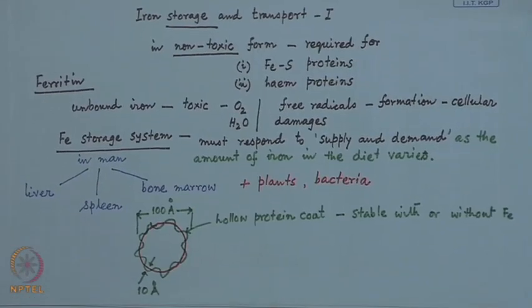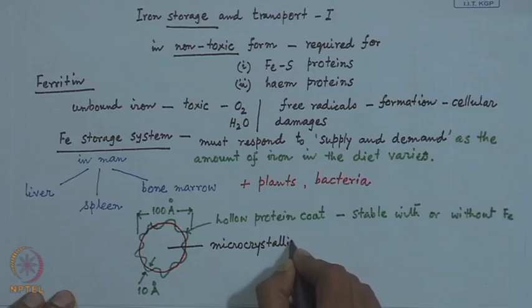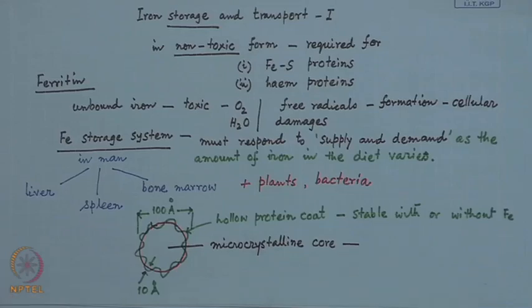these iron centers, and these iron centers are allowed to enter within the core, we get the corresponding assembly of these iron ions in one particular form, and as a result we get inside this particular core a microcrystalline mineral core, which is microcrystalline in nature, that means you can use X-ray diffraction to identify the composition as well as nature and the morphology of this particular microcrystalline core.